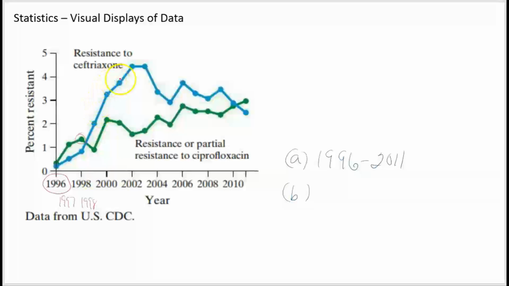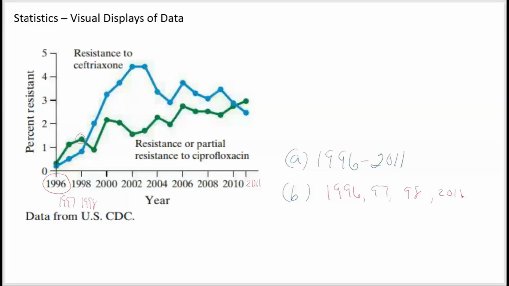And then the blue is higher all the way until you get to 2011, where the green is once again higher than the blue. So if I list them, that's 1996, 97, 98. Now 99, it switched on us, so then we go to 2011. So that would answer that question.